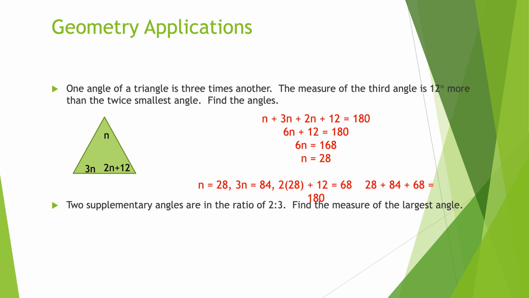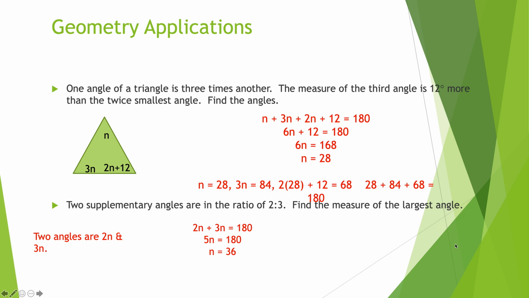Okay, so what we have here is that the two angles are 2n and 3n, because n is the thing they share in common in their ratio. And because it says they're supplementary, they add up to 180 degrees. So 2n plus 3n is 180. Same side situation, 5n is 180. Dividing by 5, n is 36. But they don't want the 36. They didn't say, tell me what n equals. They said, find the measure of the largest angle.